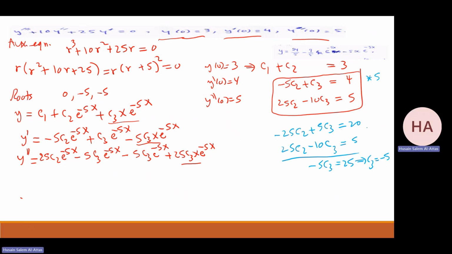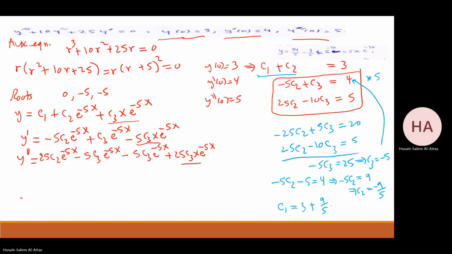Good. Plug it in here. So I have minus 5 C2 minus 5 is equal to 4. So minus 5 C2 equals 9. So C2 will be minus 9 over 5. I plug C2 in this one, so C1 equals 3 plus 9 over 5, and that will be 24 over 5.